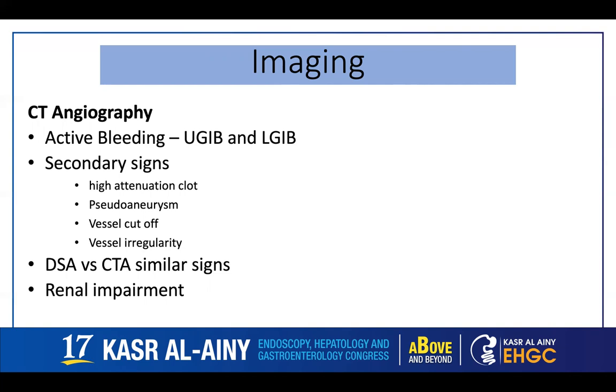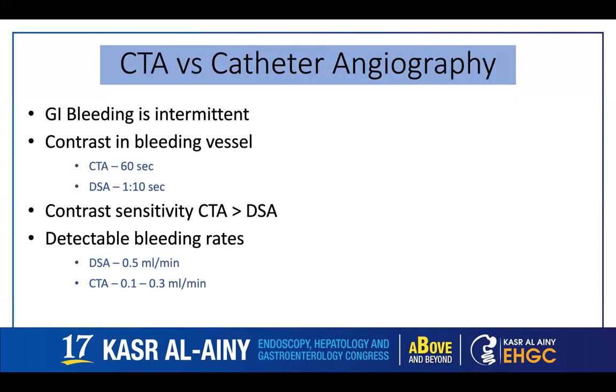All these are secondary signs for patients with bleeding, or localize the site of bleeding. There are also some signs that are similar between DSA and CTA. The drawback is that we use contrast, in patients with renal impairment or patients who are shocked from the bleeding.